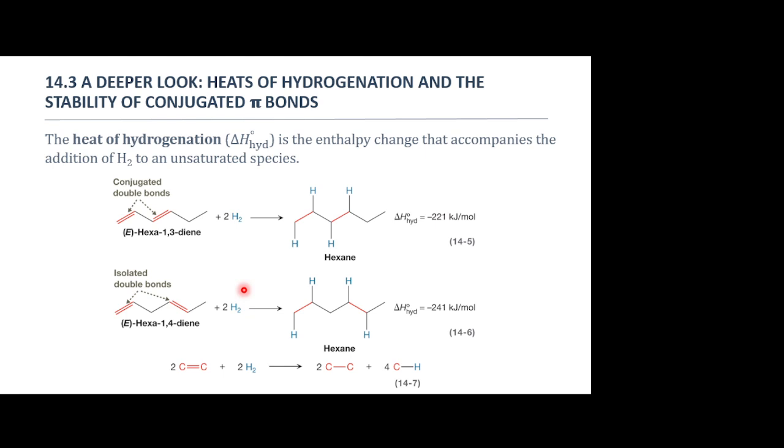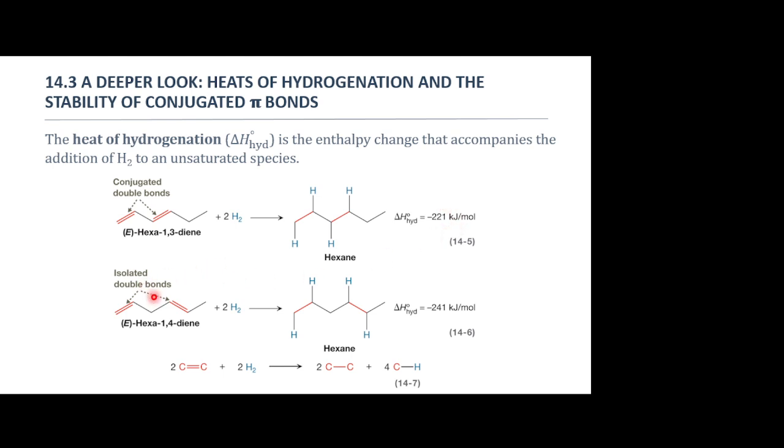And so when we hydrogenate something like a conjugated double bond, we would hydrogenate the whole thing right here. And what we would see is negative 221 kilojoules per mole. So that releases some energy, and that energy is negative 221, right?